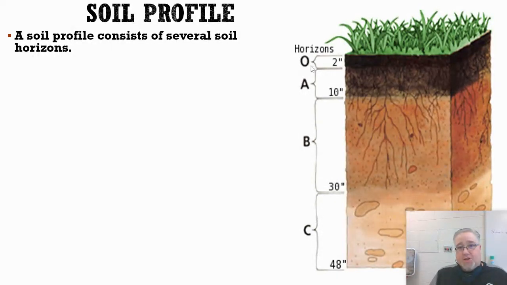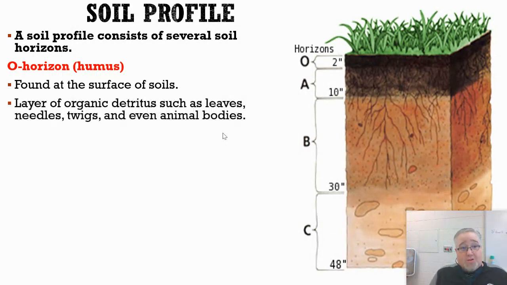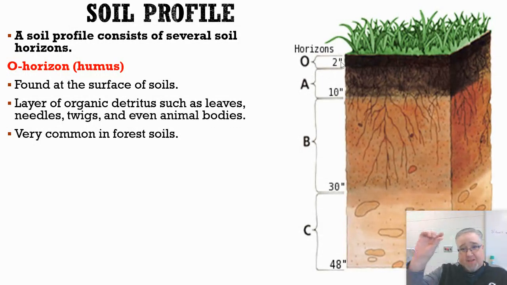We're going to start with what we call the O horizon. The O horizon is also known as the organic layer. That's why we call it O, I guess. At least I think that's what we call that. But anyway, that upper layer is only a couple inches, maybe 2 inches, 3 at most. This is the layer that we walk on top of.